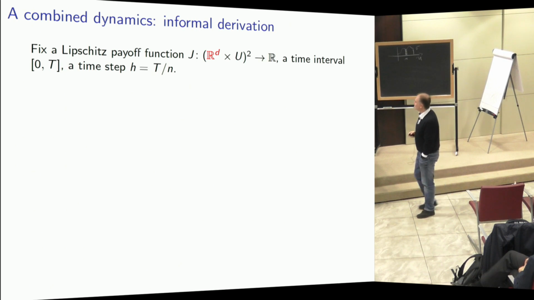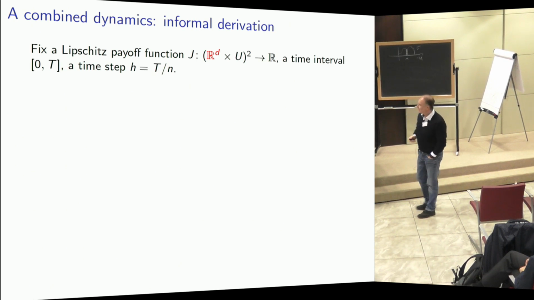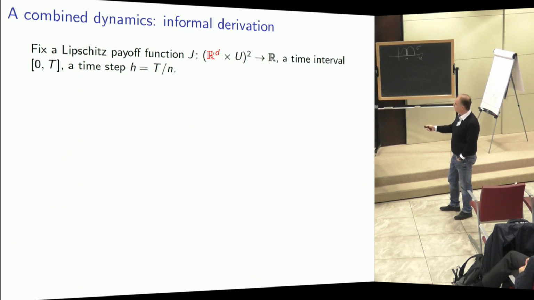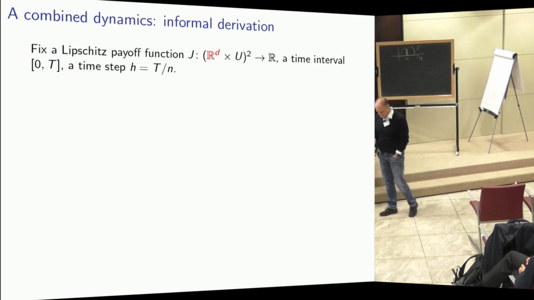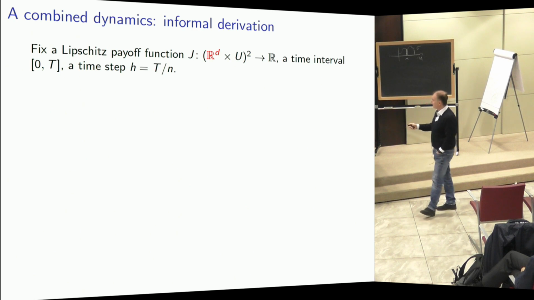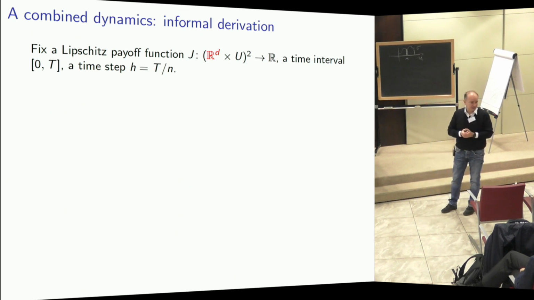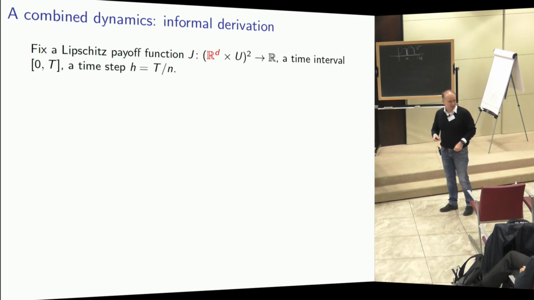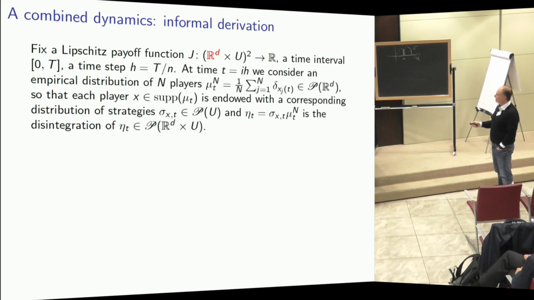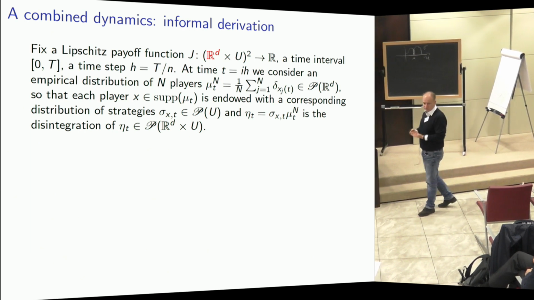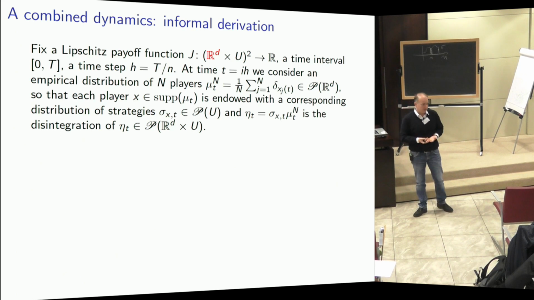So, very good. So how do we do that? In the wrong way. Well, first of all, we have to augment the space where we are considering the game by the space of the positions. And now the payoff functional is based on the cross Rd times U times Rd times U. And at every discrete time step, we consider an empirical distribution of agents distributed on Rd.